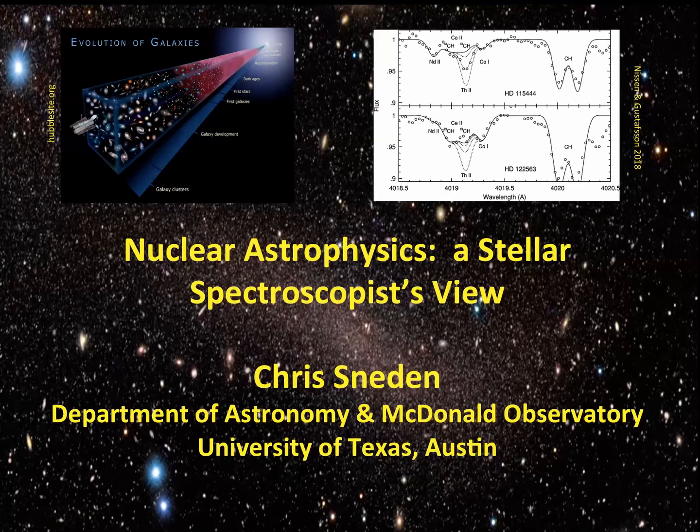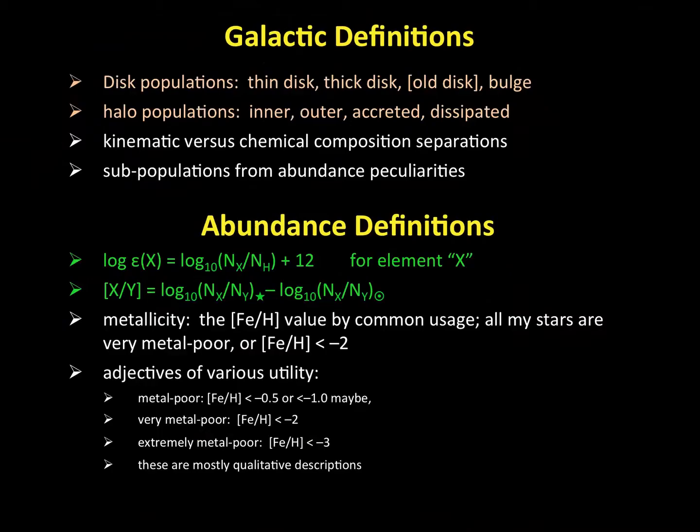What I deal with is the picture on the right. I have to decode the spectrum of a star and try to get chemical compositions at the surface layers of that star.